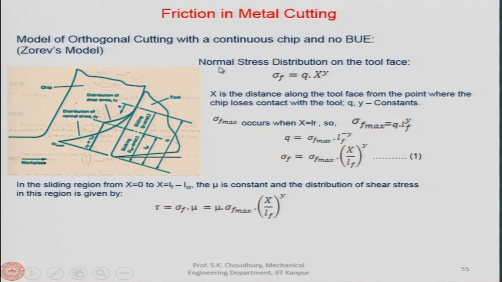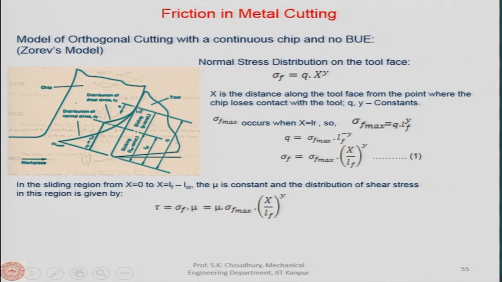So, the normal stress distribution on the tool face, this equation given by Zorev, is sigma_f equal to q times x to the power y. Q and y are constants, and x is the distance along the chip-tool face from the point where the chip loses contact with the tool.